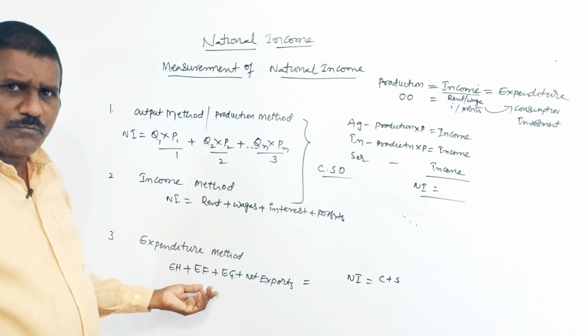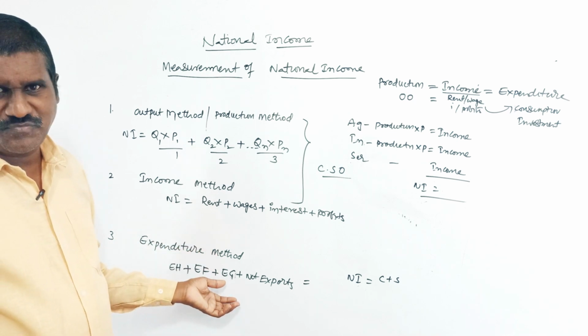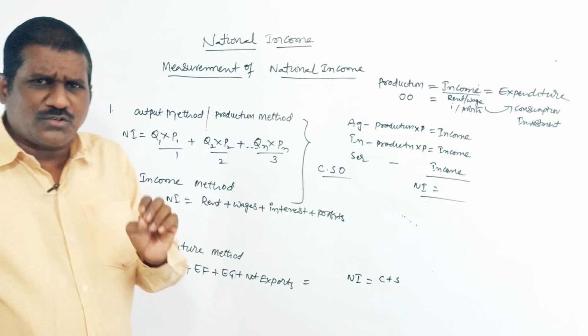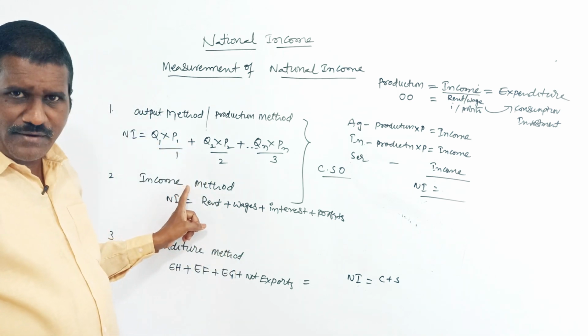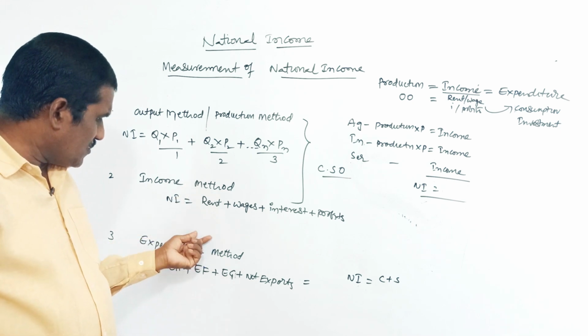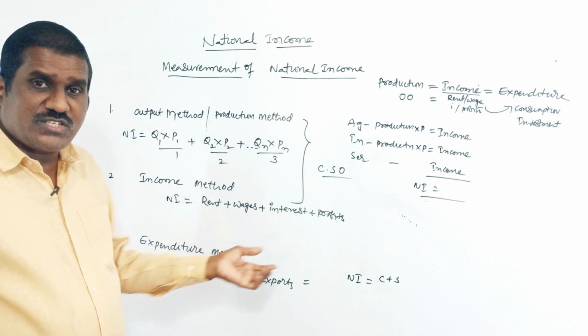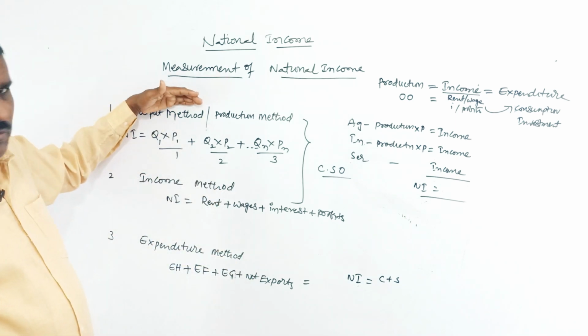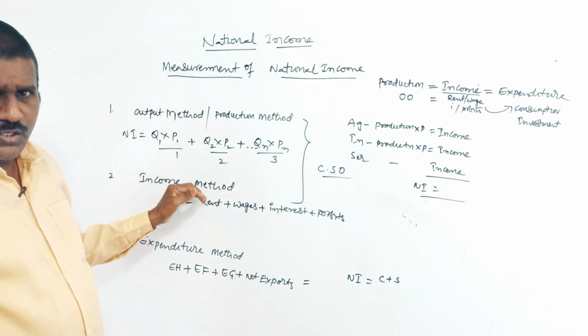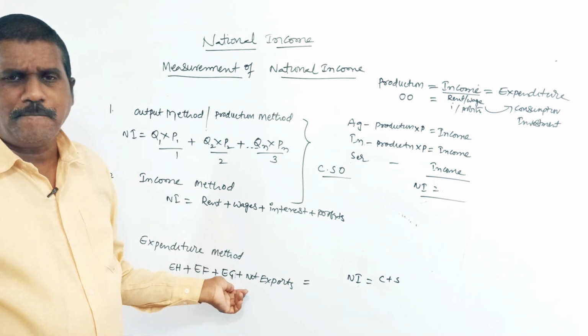The expenditure method is not a possible way because it is too difficult to measure the national income. Easily we can get how much income you can derive, but it is difficult to say how much expenditure and how much saving. So most of the countries follow the output method and income method due to illiteracy, particularly in India.